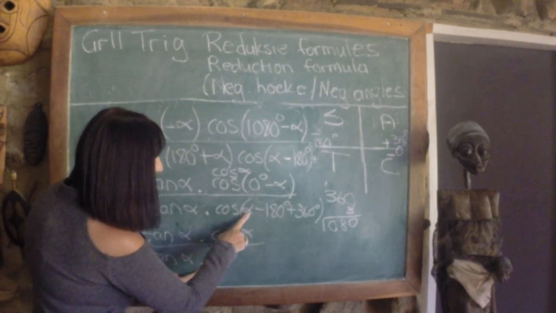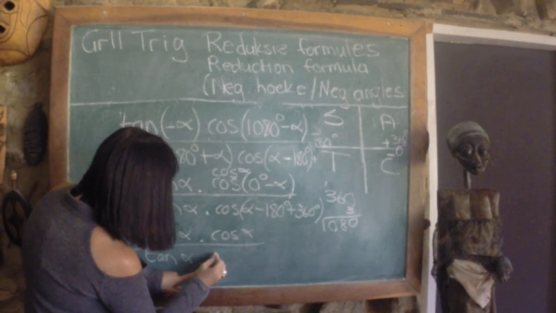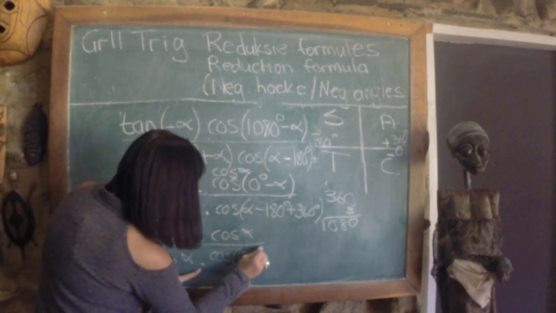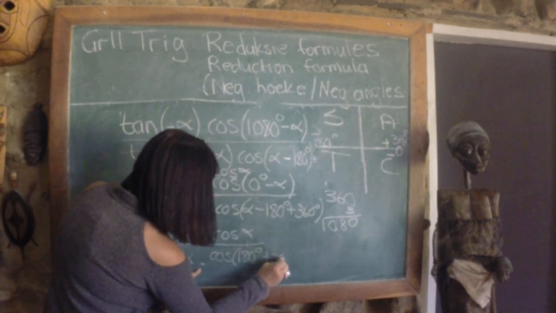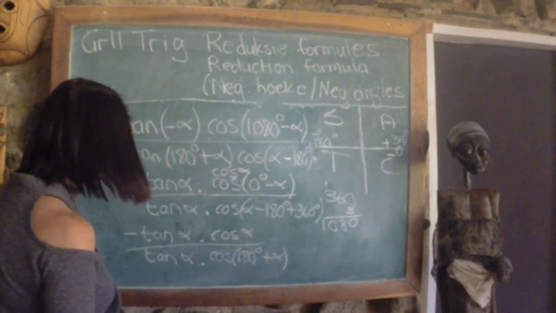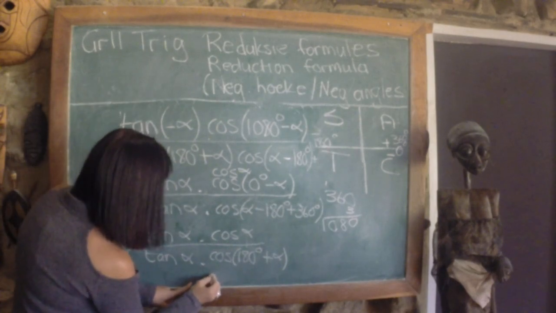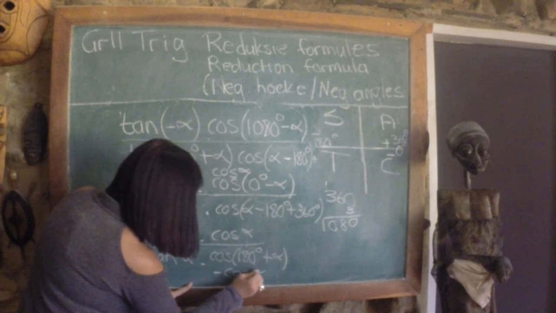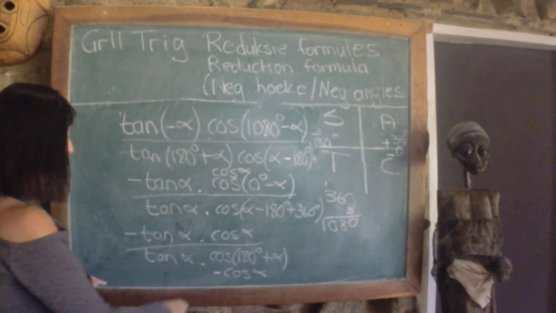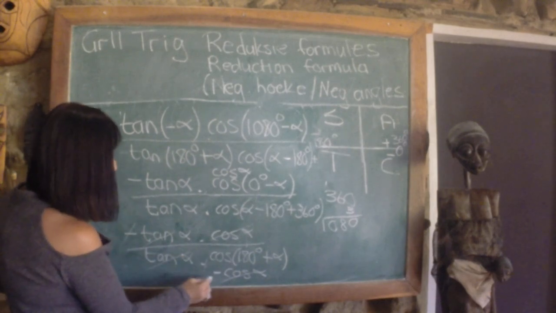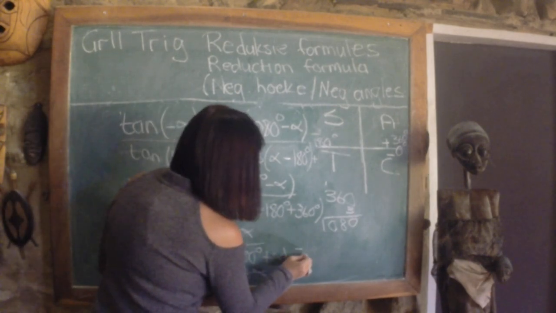Because that gives me alpha plus 180, so it's a cos of 180 plus alpha. 180 plus, cos becomes negative over there, so the answer of that piece will be minus cos alpha. So now I can cancel that and that, that and that, 2 minuses cancel, and my answer equals 1.